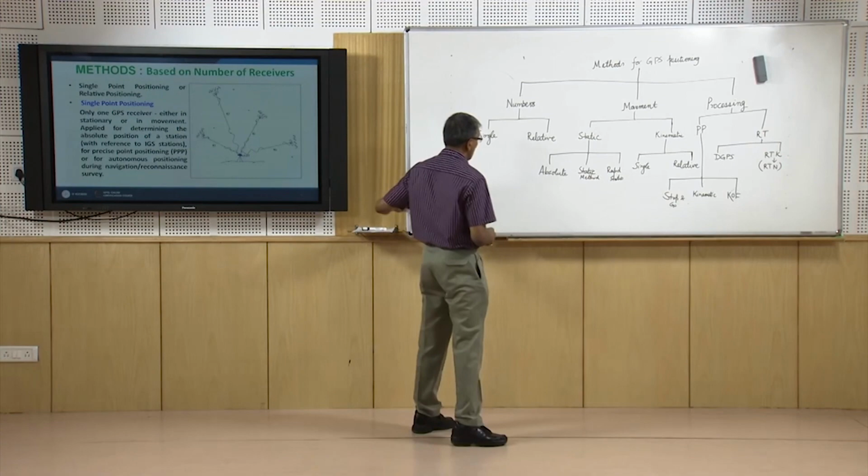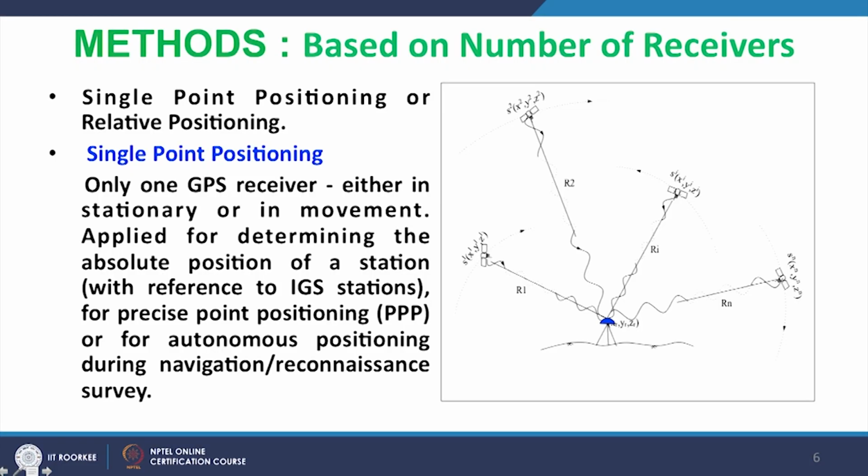Now let me go one by one. First, the single point positioning method, where a single receiver is being used and the signal will come from as many satellites as are visible from this receiver, minimum should be 4.